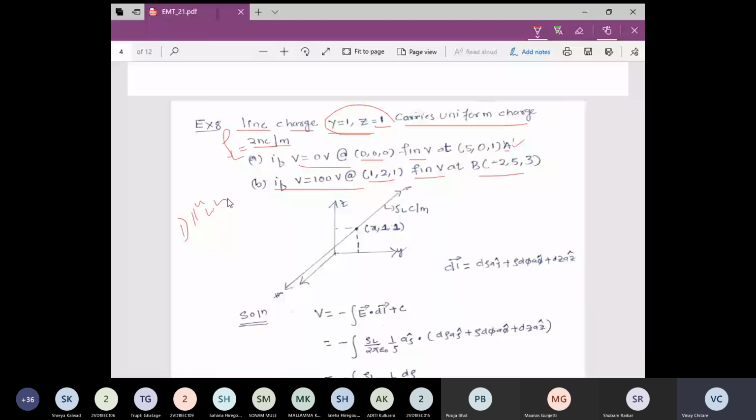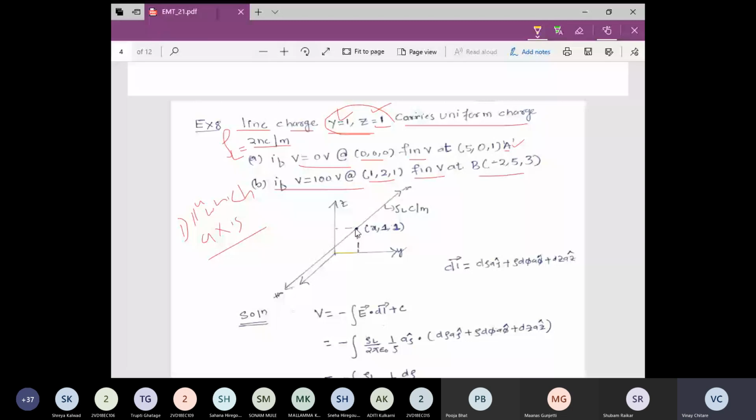Now you could see that they have given y equal to 1 and z equal to 1, which means that the missing variable is x. So the line is parallel to the x-axis. And what they have given is y equal to 1 and z equal to 1.